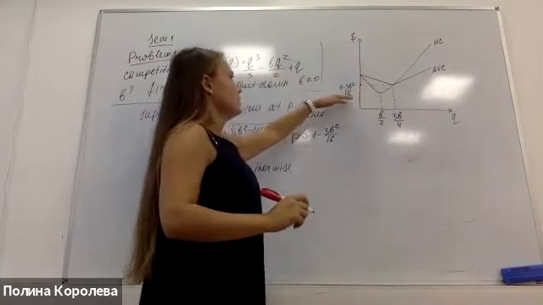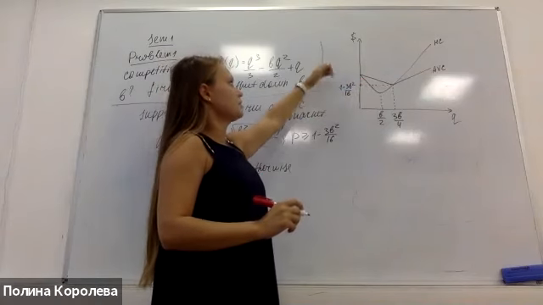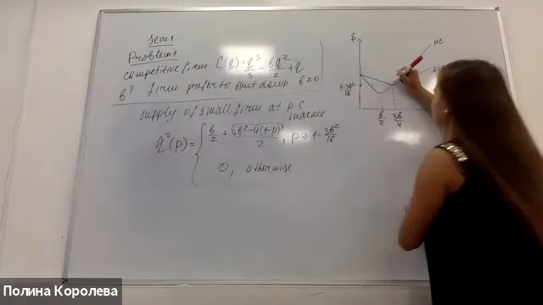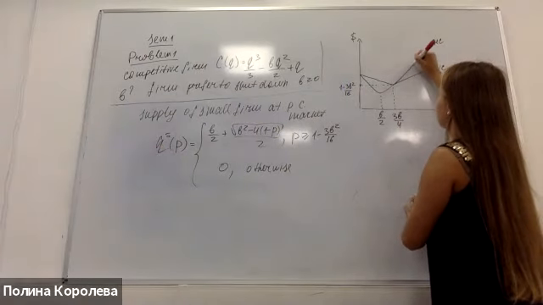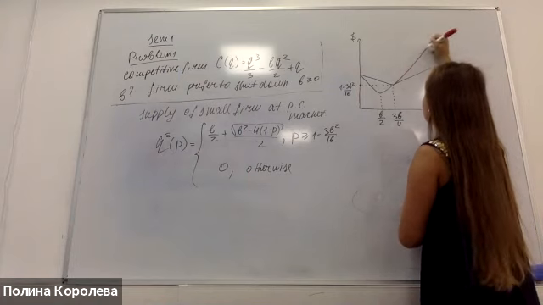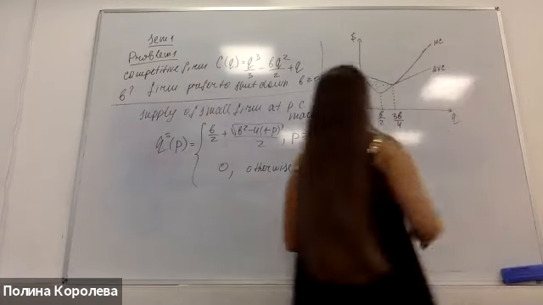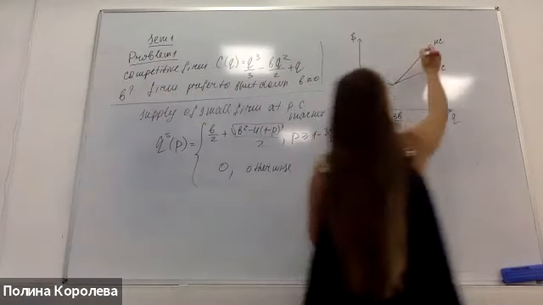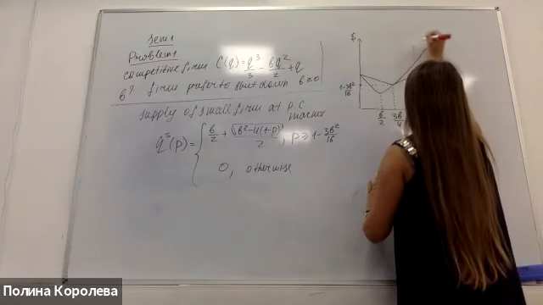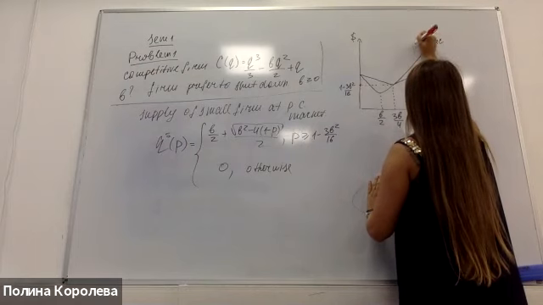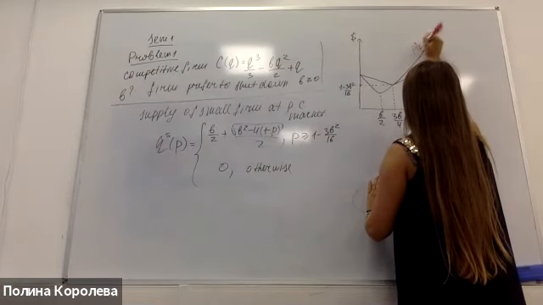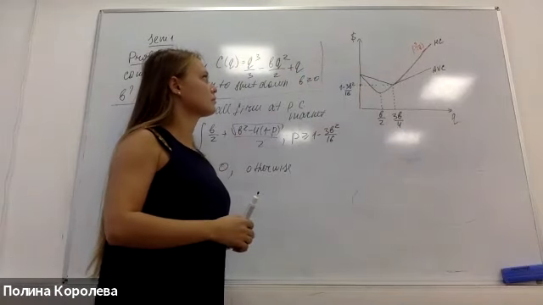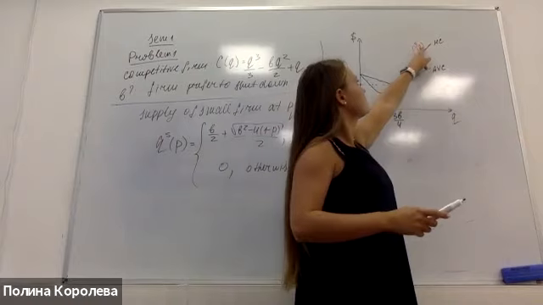Then, if price is greater or equal to 1 minus 3b squared divided by 16, we will produce this. This is the inverse supply function for a perfectly competitive firm, P as a function of Q.